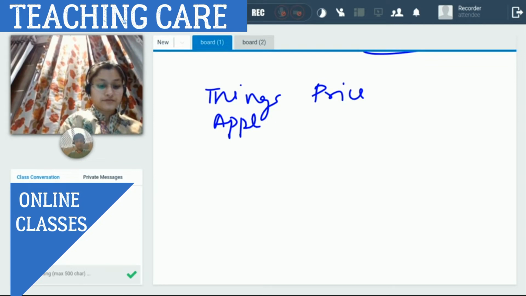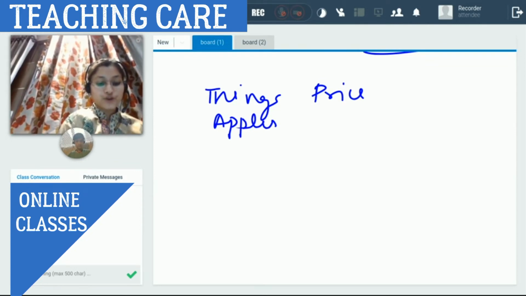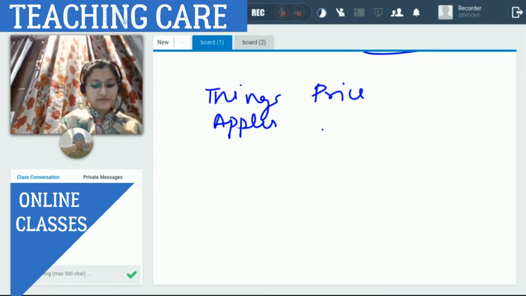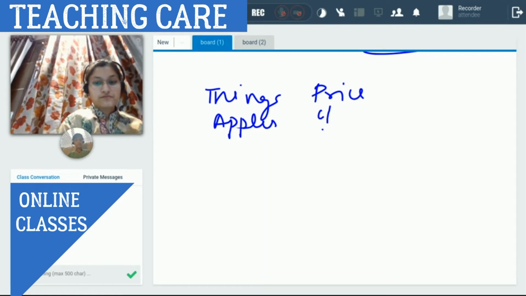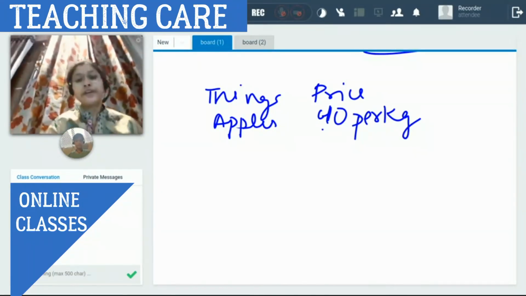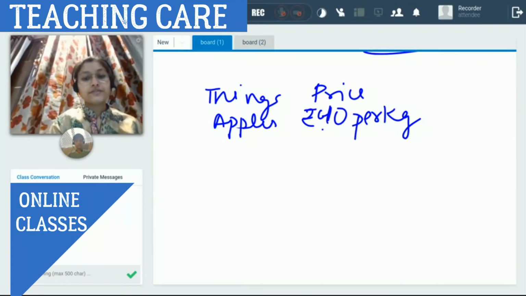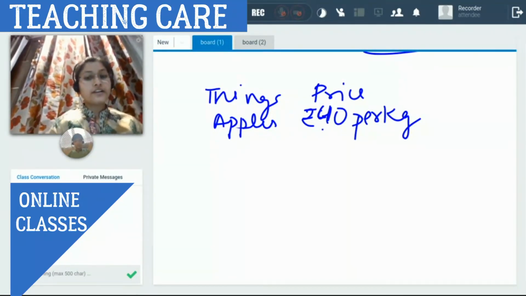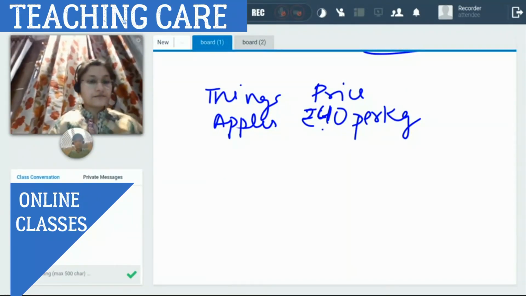Like apples. The unit in the UK is pound, so you assume it to be 40 pound per kg. In the textbook I have given you, the unit would be rupee, this is the sign. In India, the unit used is rupee.